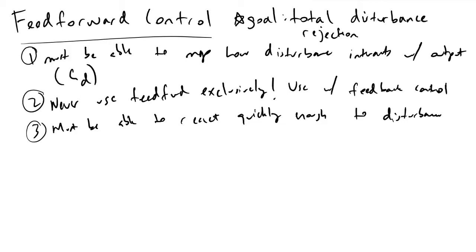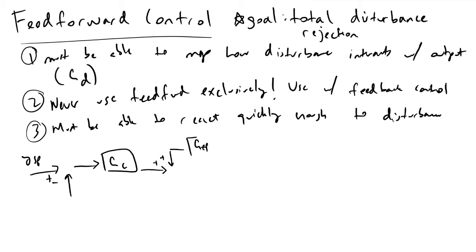And so, as always, we'll have some kind of demanded set point, such as a temperature or a composition, and we will first be deriving the error that is present. We're going to be passing that error into a feedback controller GC, and from this feedback controller GC, we will have the addition of the output from our feed-forward controller.